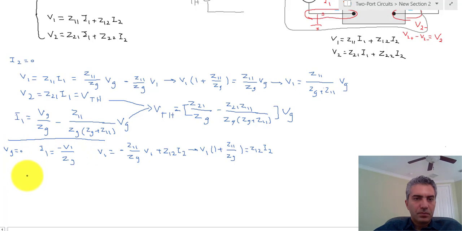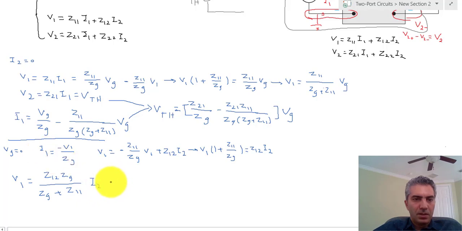So from this I have V1 is equal to Z12 Zg over (Zg plus Z11) I2.